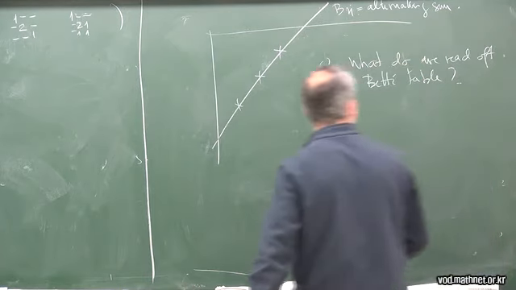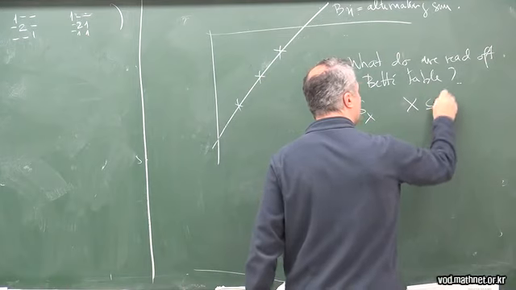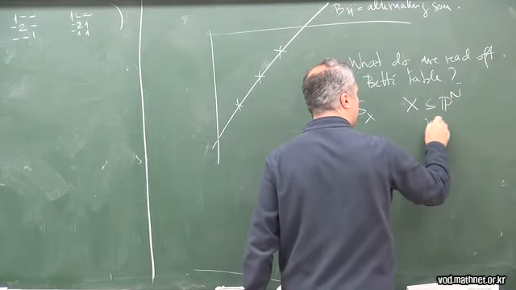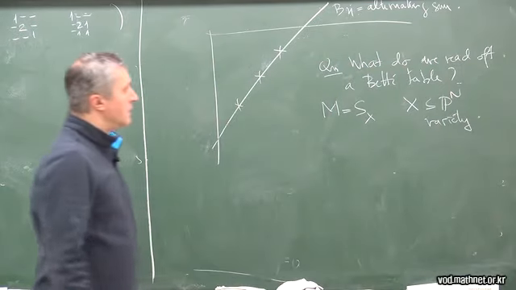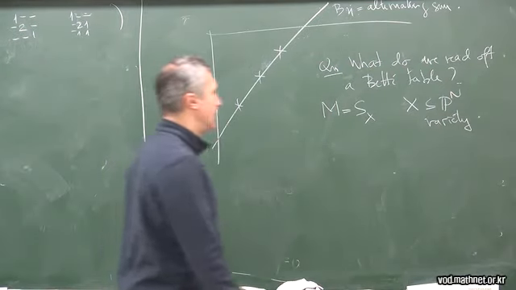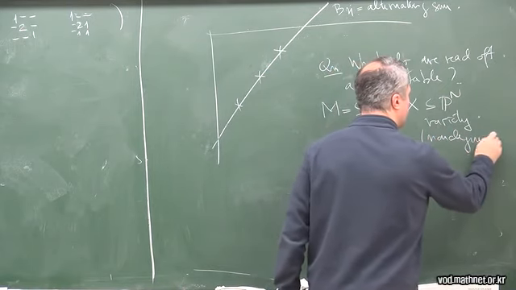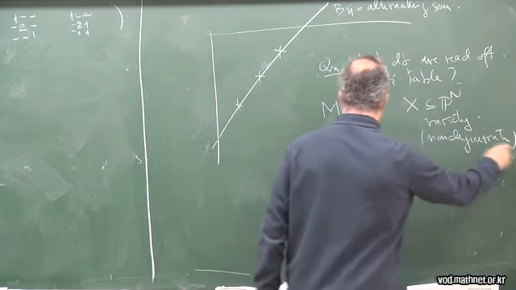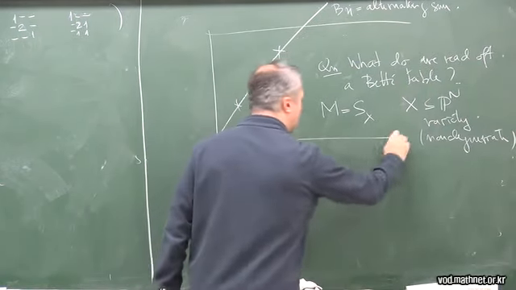And to keep the things simple, let's assume M is Sx, where X in Pn is a projective variety. Let's also assume that it's non-degenerate, although that's not necessary. So then the Betti table will look like that.